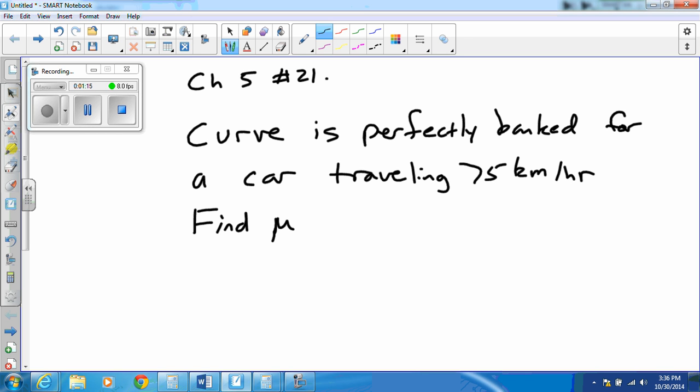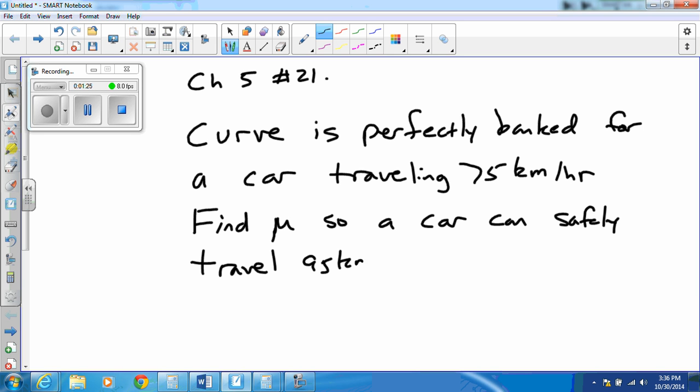So we have to find mu so that the car can safely travel 95 kilometers per hour around it. We were also told that the radius of the curve is 88 meters.